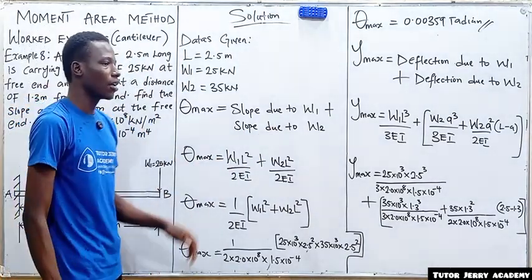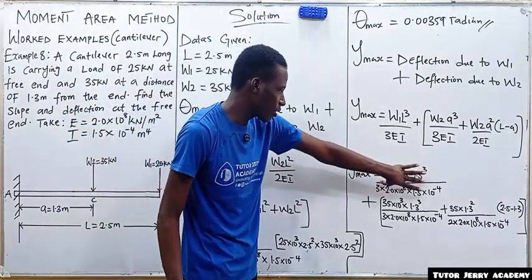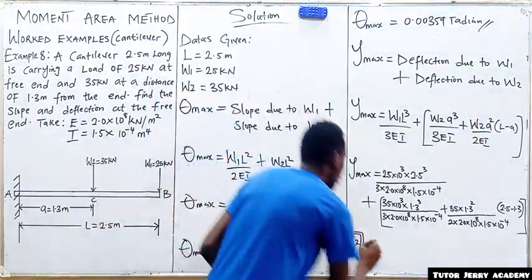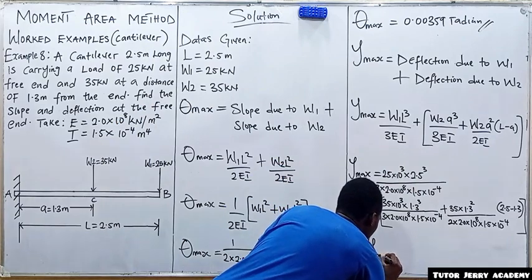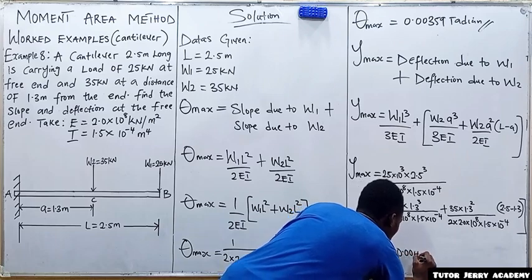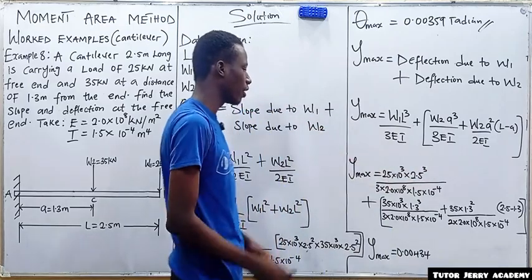Everything there will give us 0.00434. So Y max will be equal to 0.00434. This is for this term here. All right.